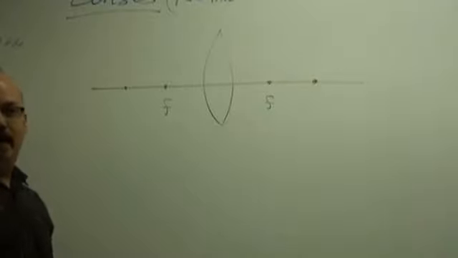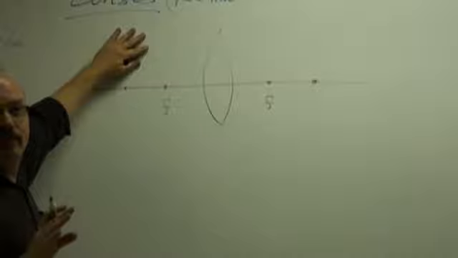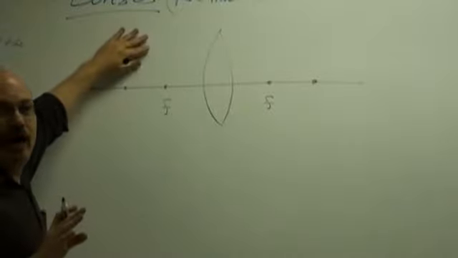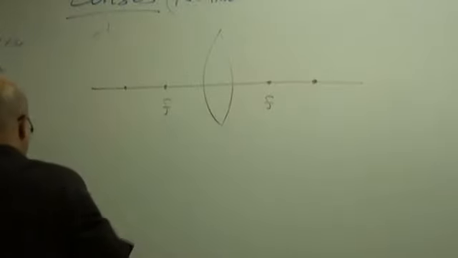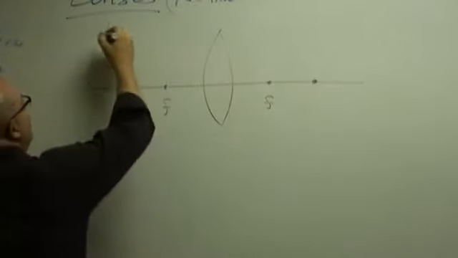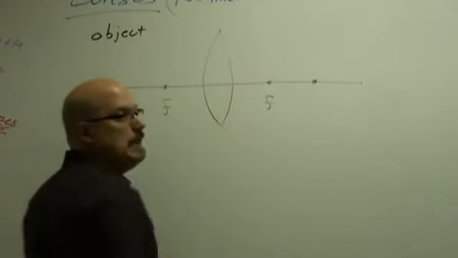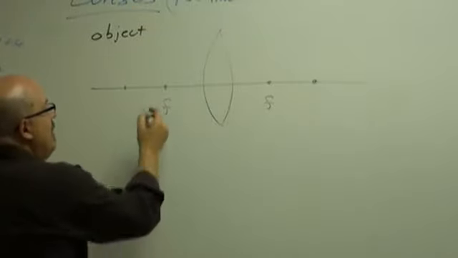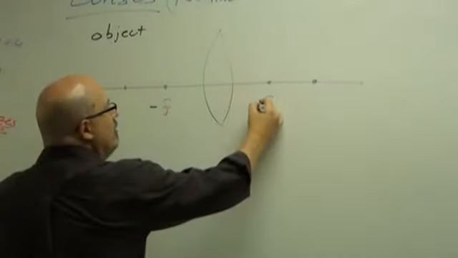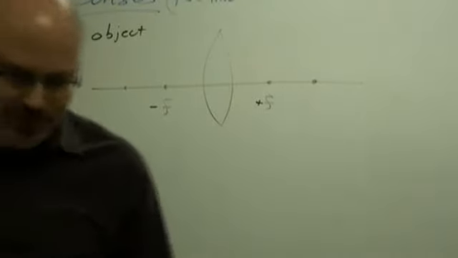Now, if we begin with our object on the left, then this will be our negative focus, this will be our positive focus. Why does a lens have two foci?